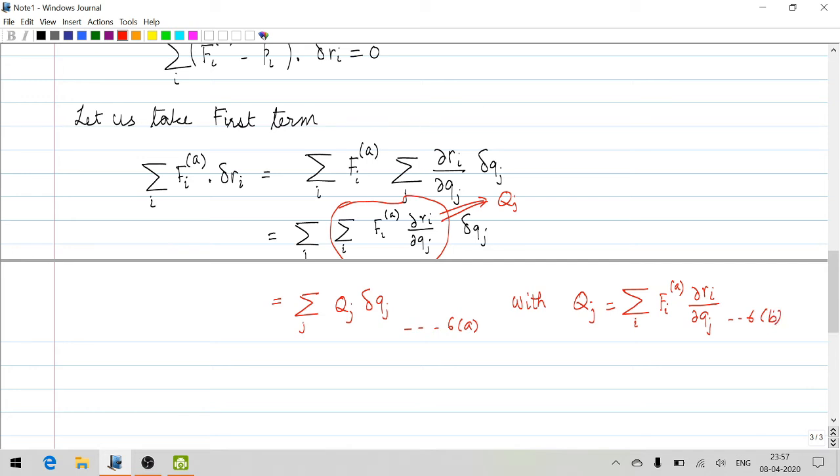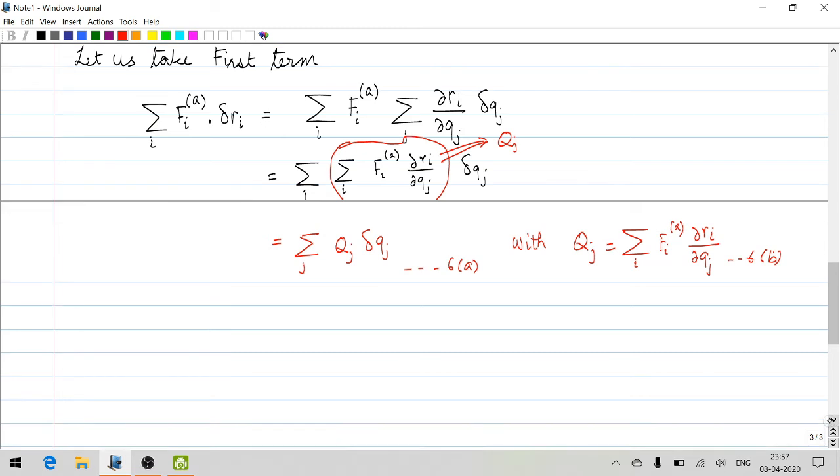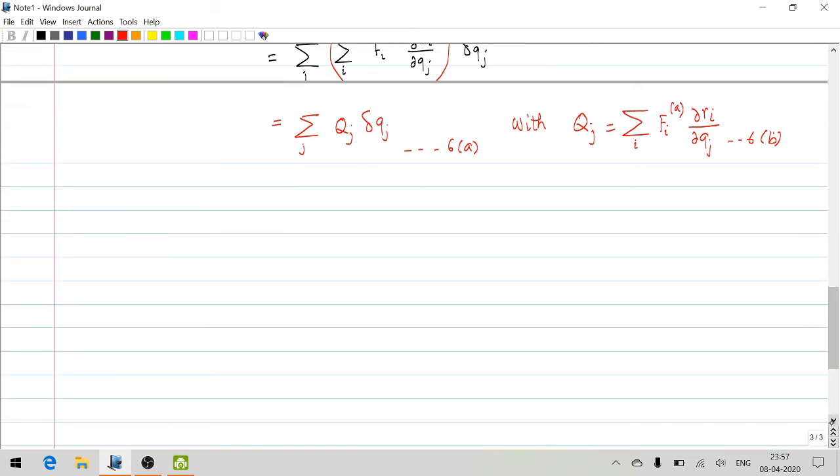Fine. Let us now take the second term. The second term here is the reverse force that is acting.